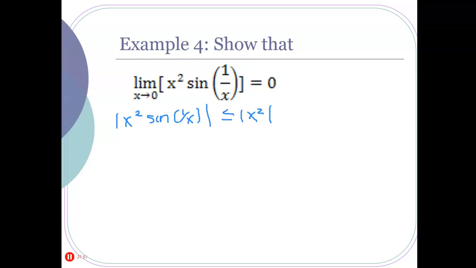And then if we have an absolute value, we can say that the absolute value of x squared times the absolute value of sine 1 over x, because again, we know that anything squared is going to be positive, so the absolute values are pretty well useless, is really just less than or equal to x squared.